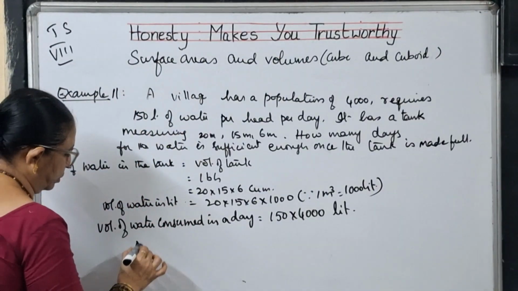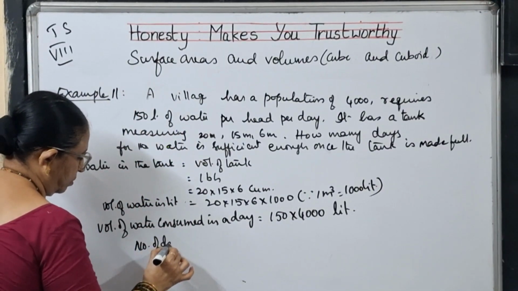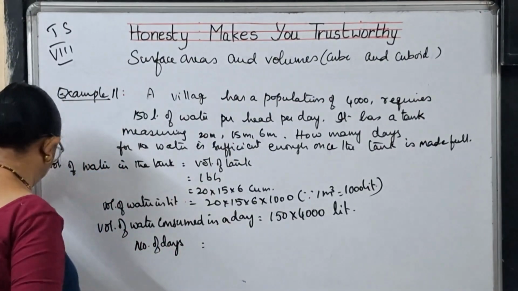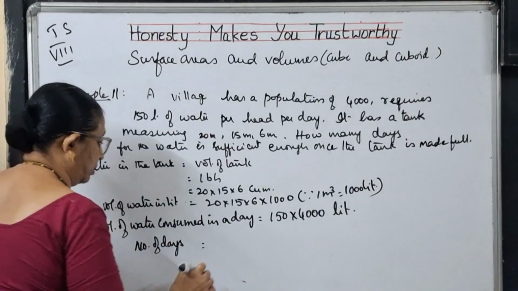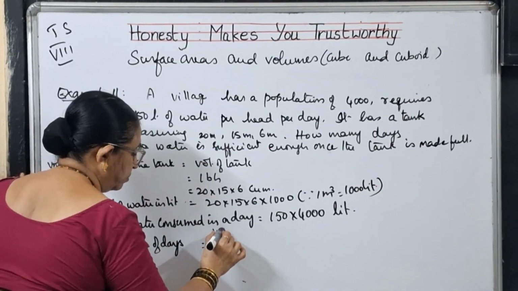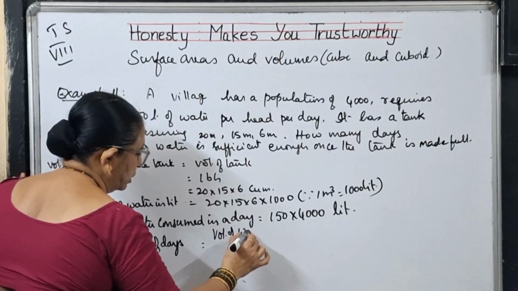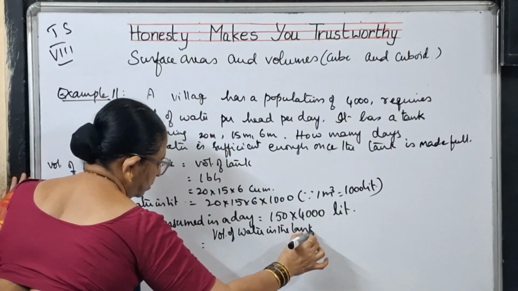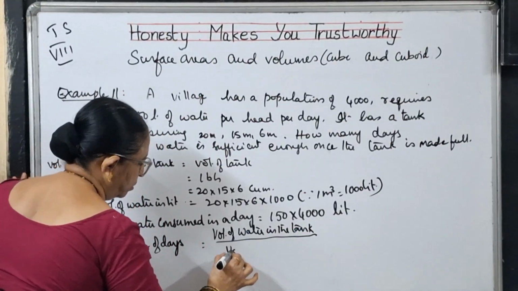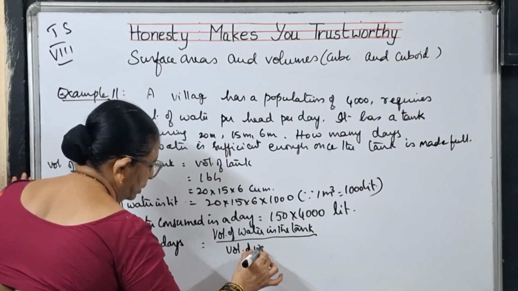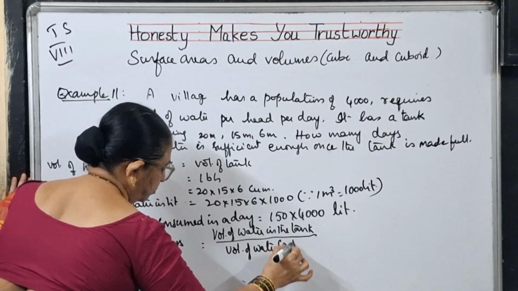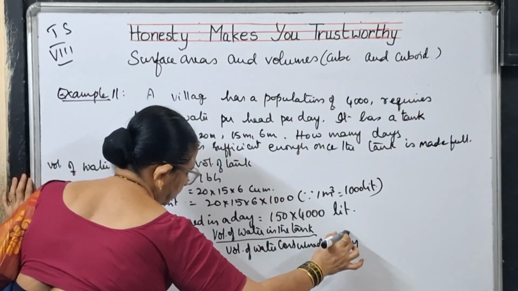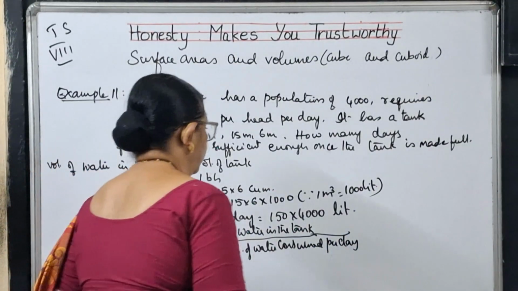So, the number of days that the water is sufficient is nothing but the volume of water in the tank divided by the volume of water consumed per day. So, how will you do?